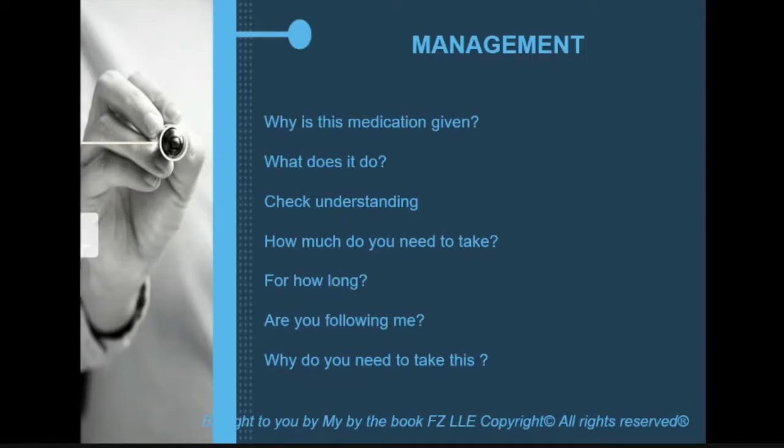What are the things you need to tell this patient? What is Apixaban? Basically, it's a medication that prevents blood from clotting too quickly. Why are we giving you this medication? Because we need to keep your blood flowing as thin as water.